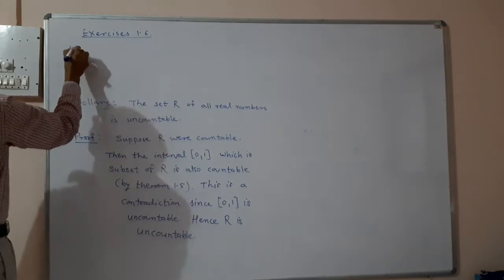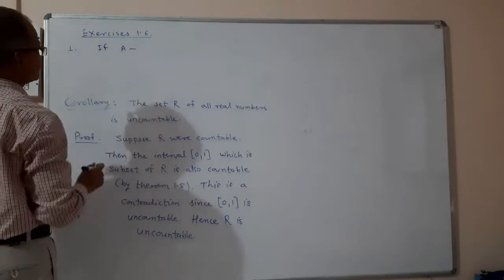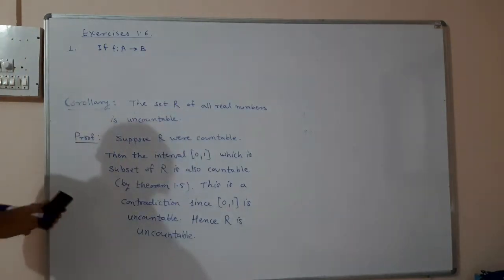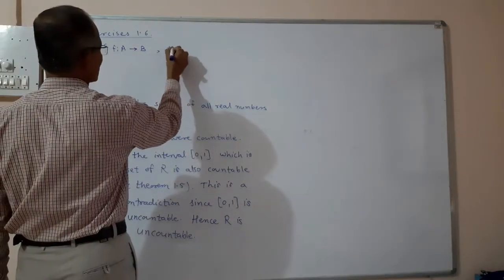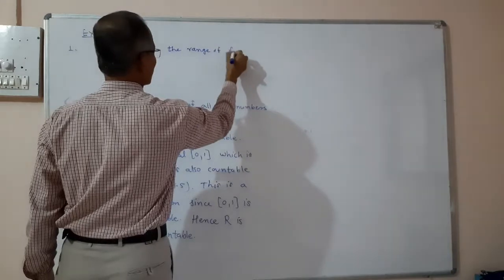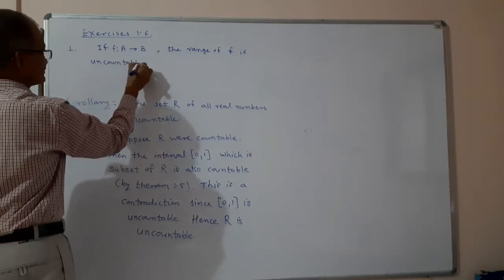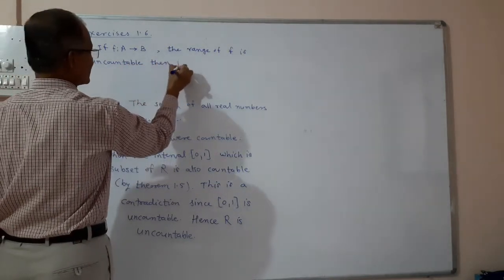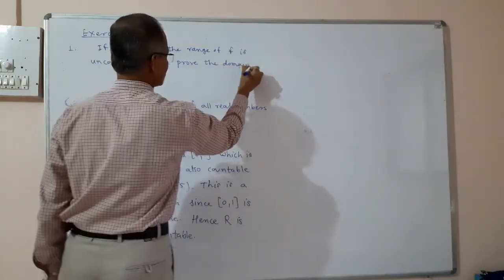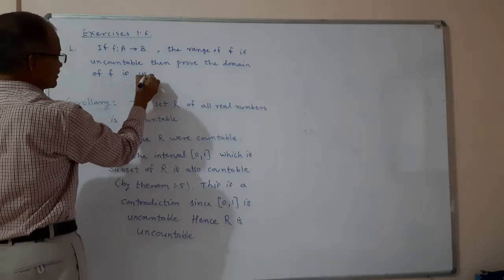So the first example is: if f is a function from A to B and the range of f is uncountable, then prove that the domain of f is uncountable.